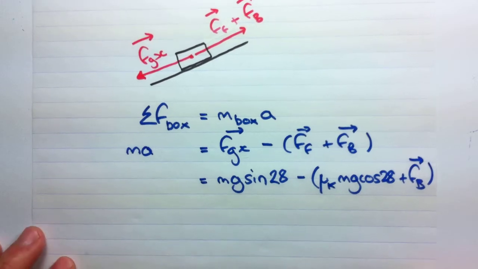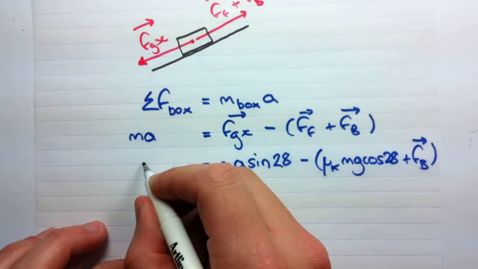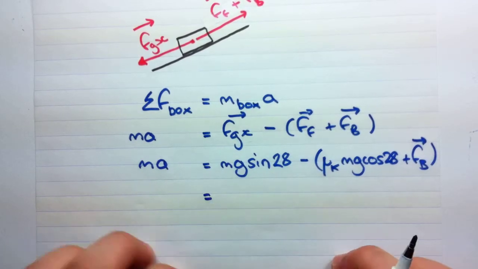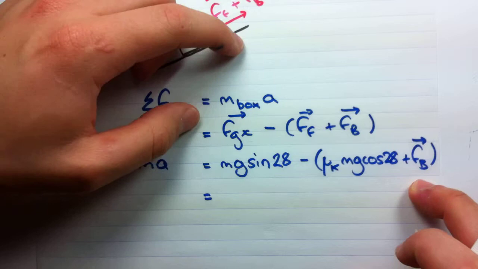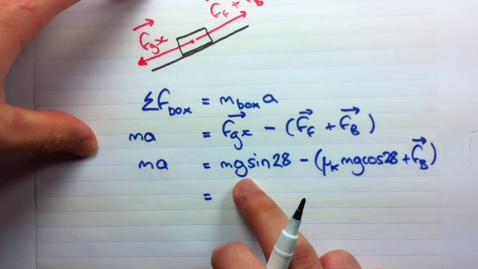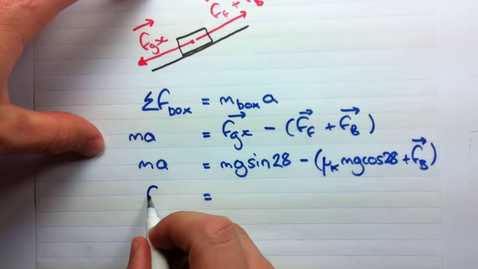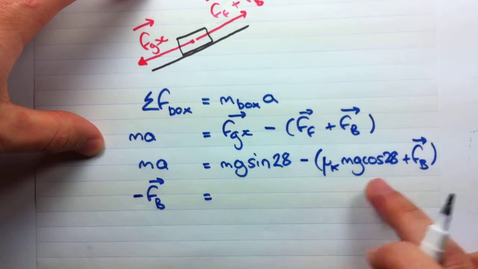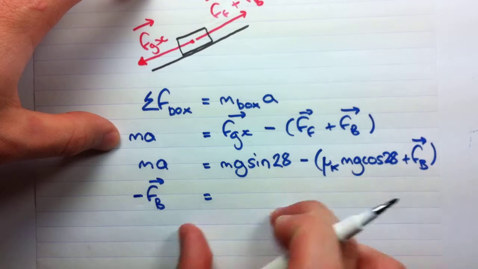Right, now we can just rearrange a little bit. We can put the force of the boy on this side and leave it as negative because it's negative over there, and we're going to just move these two things to that side.